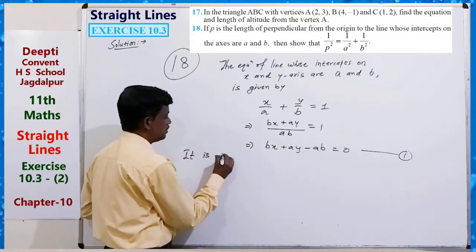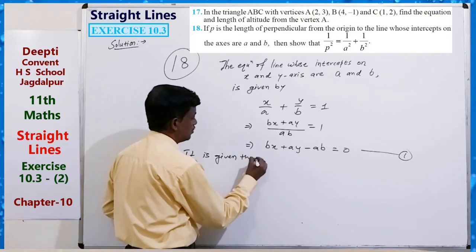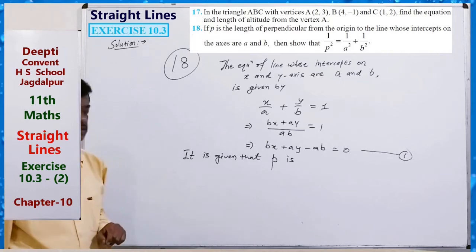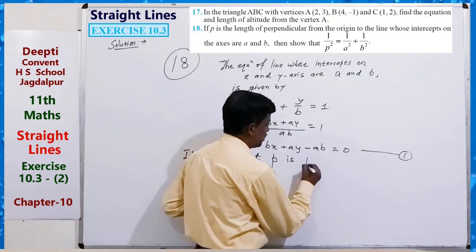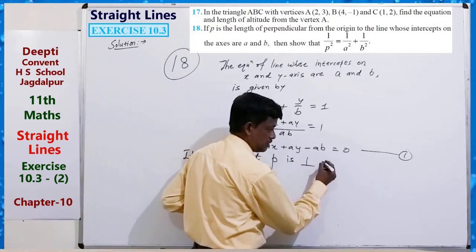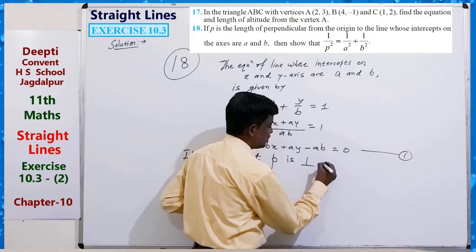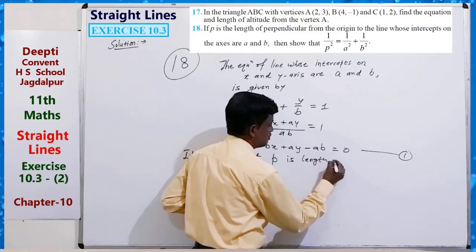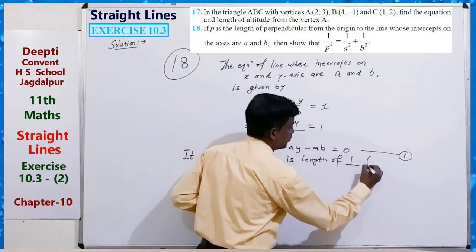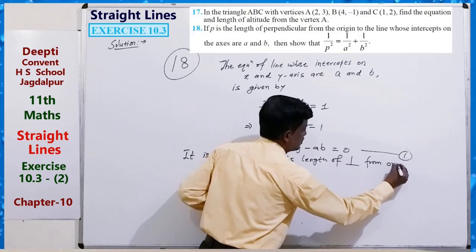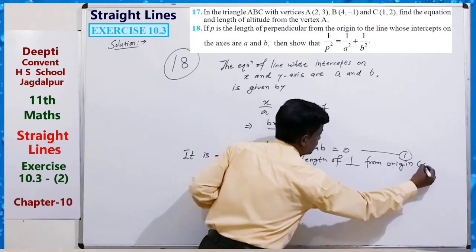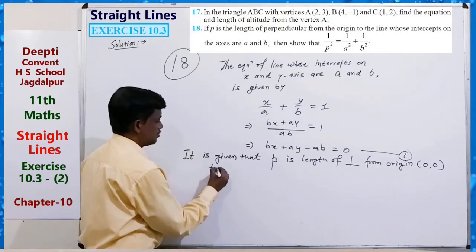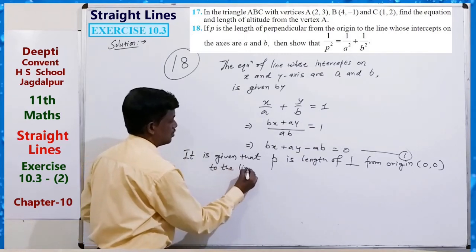It is given that small p is the perpendicular distance, the length of perpendicular from the origin to the line.